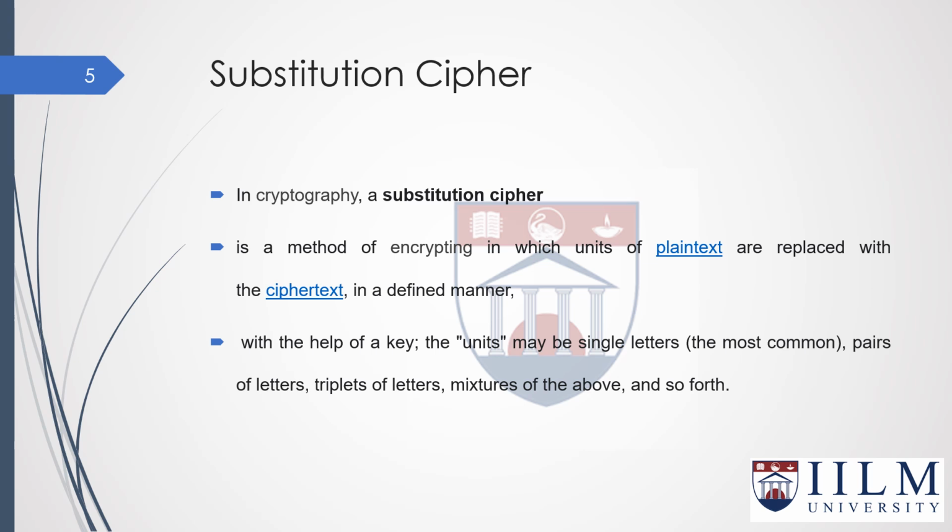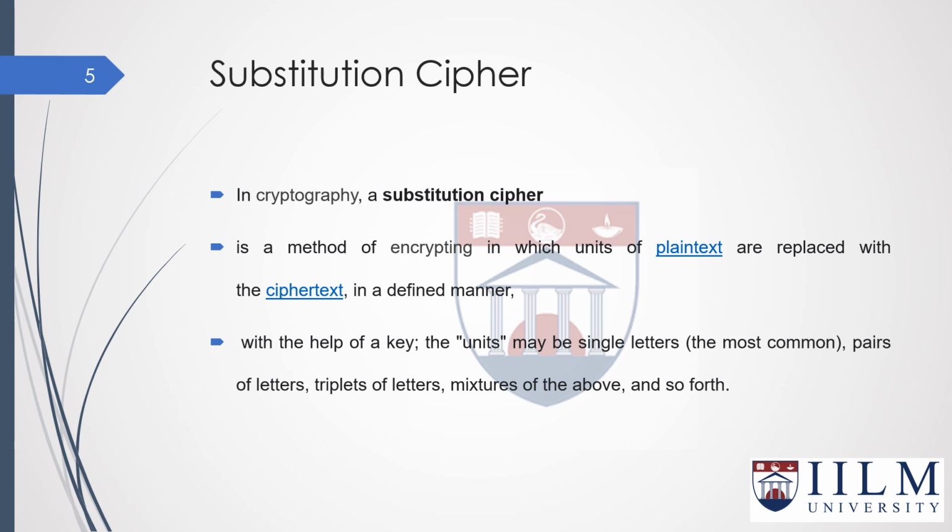But inside a digital media, inside a communication medium, inside a computer world, the data should not be on alphabets. The data must be on 0, 1 bit or some other forms. That is a unit. So units of plain text are replaced with the cipher text in a defined manner.